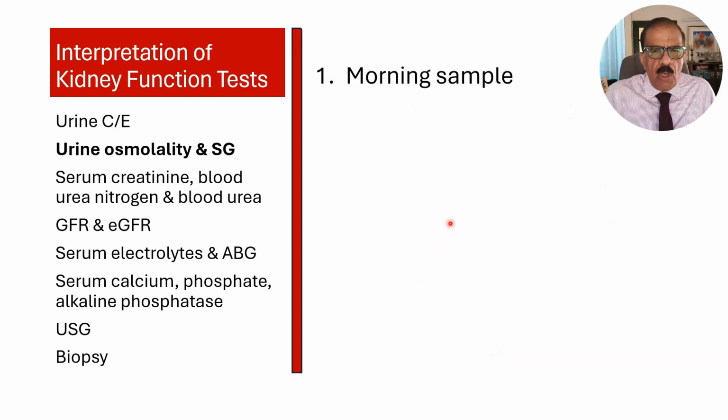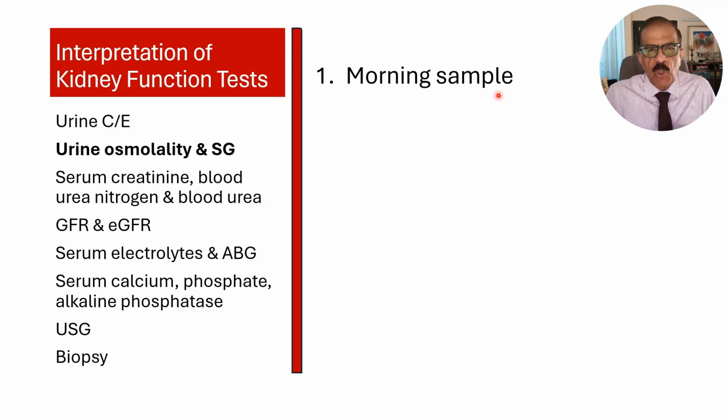Now, urine osmolality. Sometimes urine becomes dilute, sometimes it becomes concentrated. Of course, it stays within a certain range, depending upon your state of hydration. If you have not taken water in sufficient quantities and you have dehydration, then urine should be concentrated.